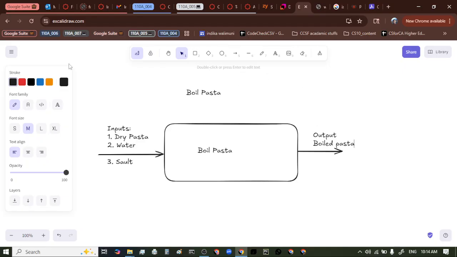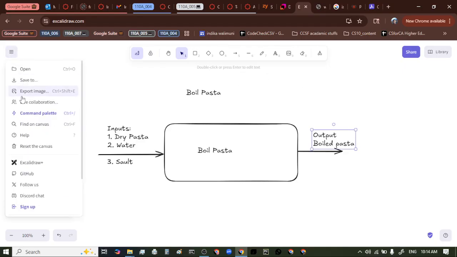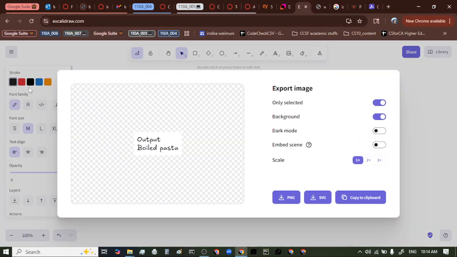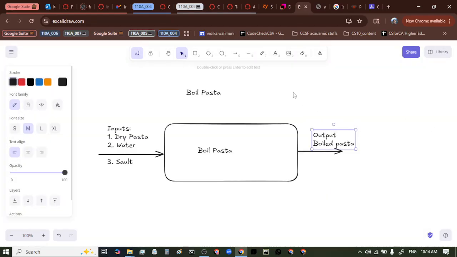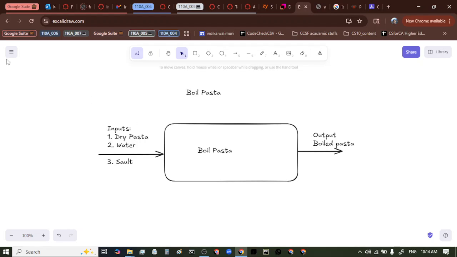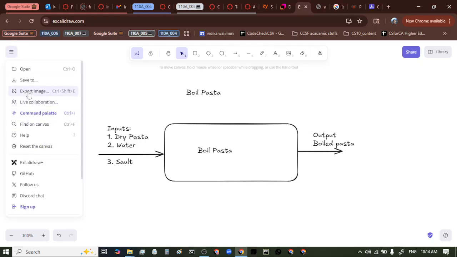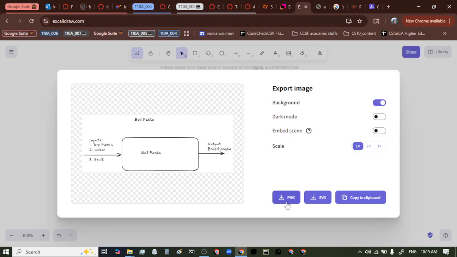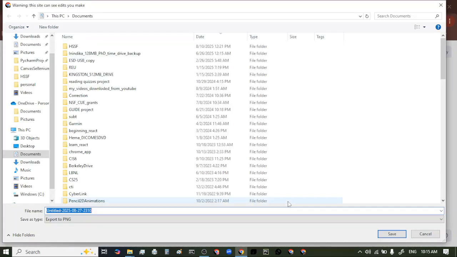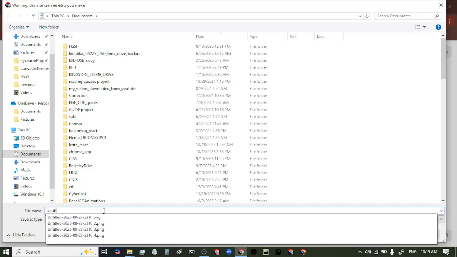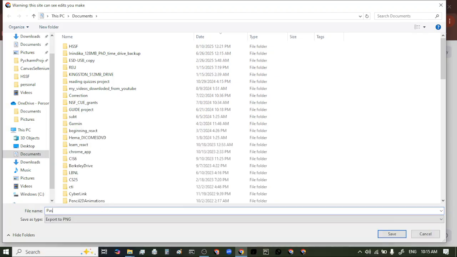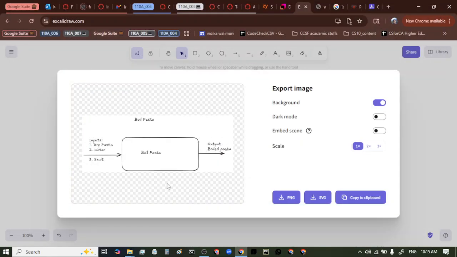Okay, so I'm gonna dump this as an image. PNG. I'm gonna name it pasta.